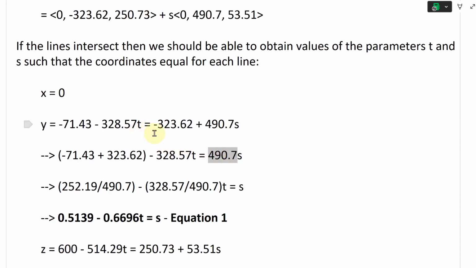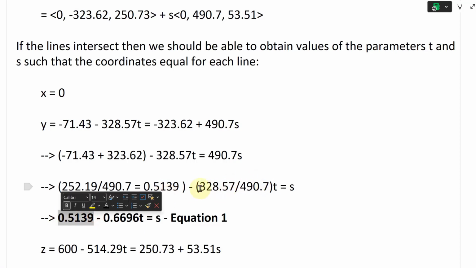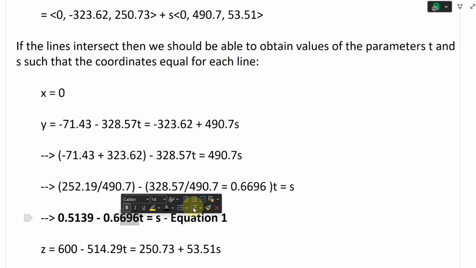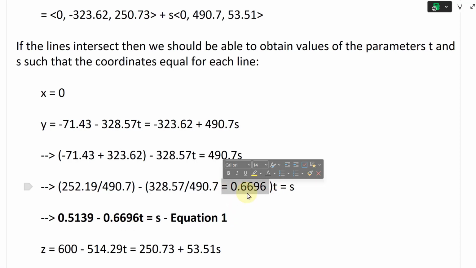When you divide it out, this equals 0.5139, that's this right here. And this one right here equals 0.6696. That's this right here. So that's equation 1.